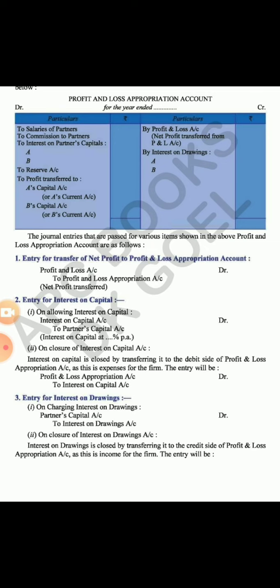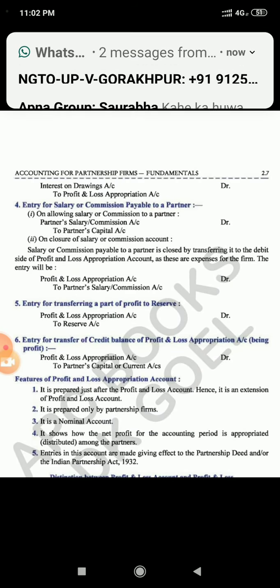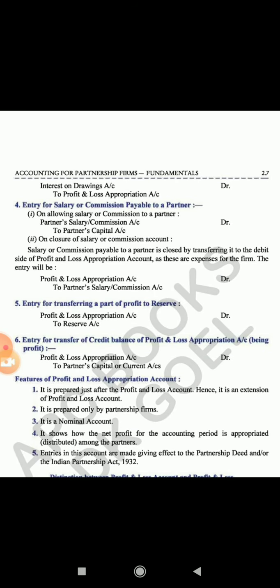When we show the salary or commission of partners, partner's salary or commission account debit to partner's capital. And at the time of charging this commission or salary, profit and loss appropriation account debit to partner's salary or commission.